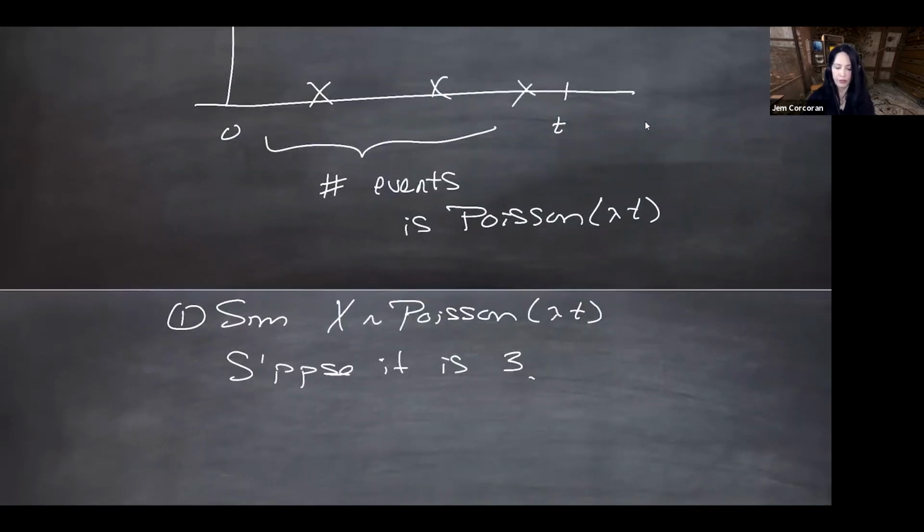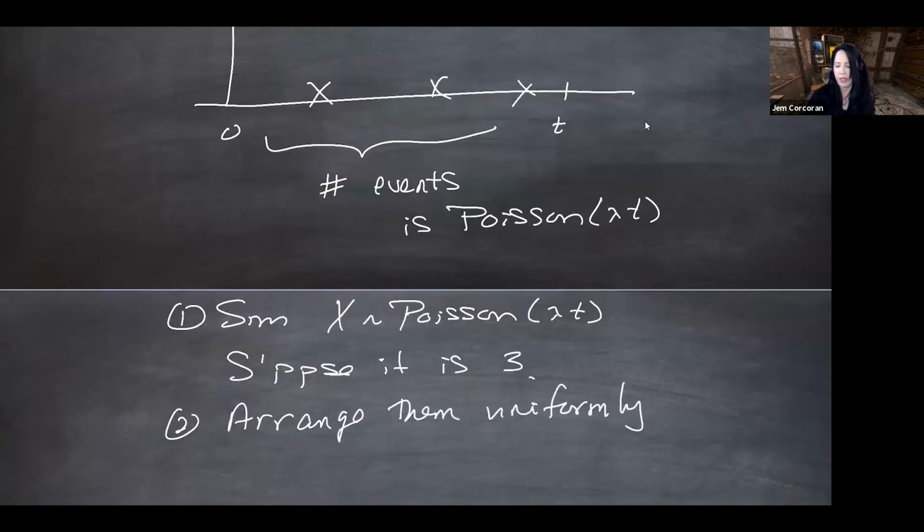So you arrange, this is step 2, arrange them uniformly on the interval from 0 to t.